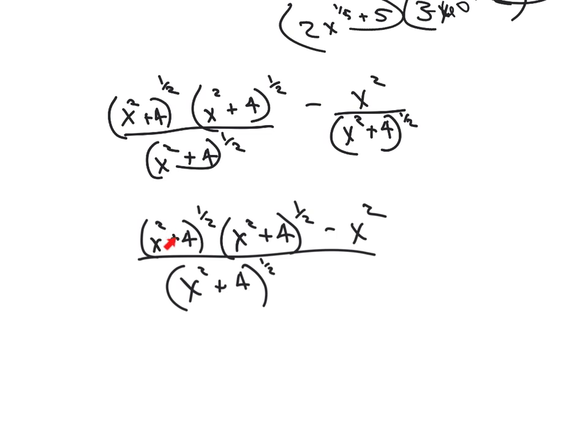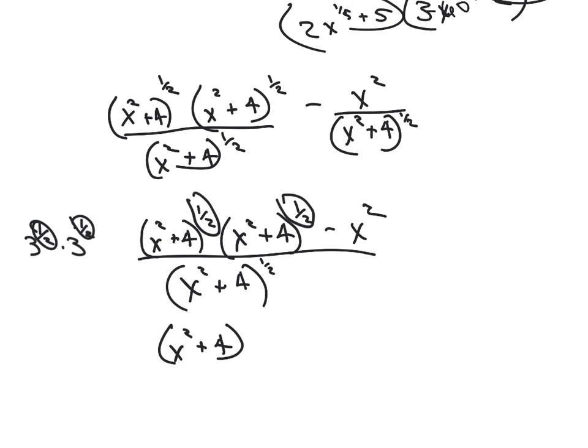So when you're multiplying something like 3 to the 1/2 times 3 to the 1/2, what do we do here? We add the exponents. That's all we're doing here. So we have x squared plus 4, and 1/2 plus 1/2 is 1. So really our exponent here is 1, which we don't have to show, minus x squared all over x squared plus 4 to the 1/2.